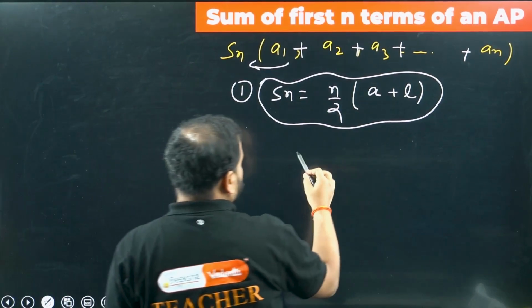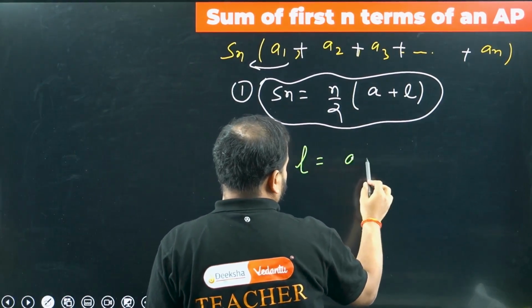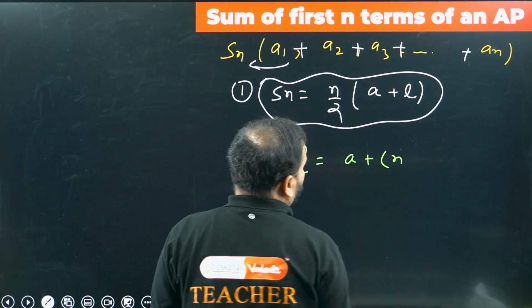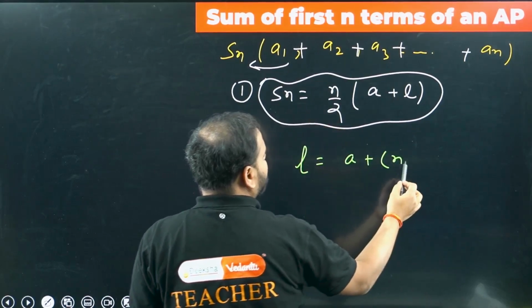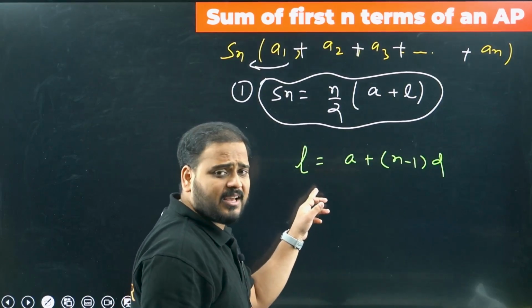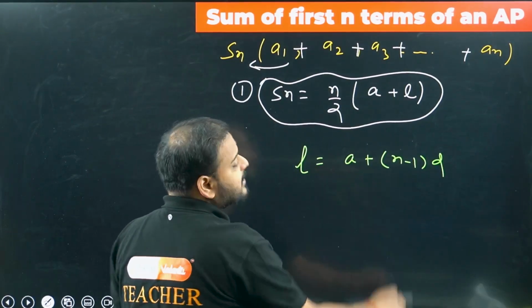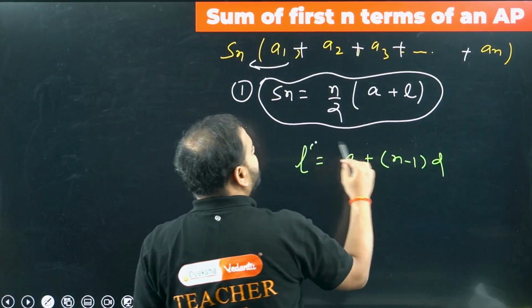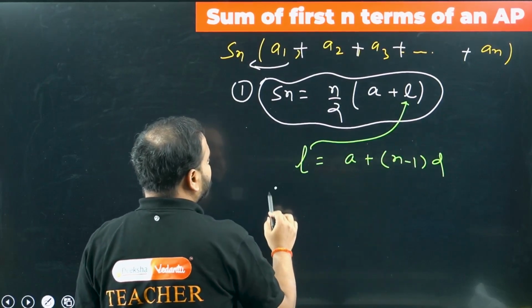I can write the last term also as this, right? First term, if they are having n terms, then n minus 1 times d. The last term can also be written as the nth term, so the last term is equal to a plus n minus 1 into d. Replace this l value over here. What am I going to get?